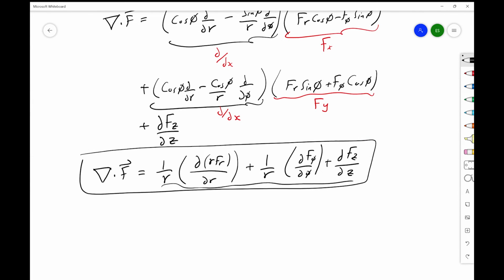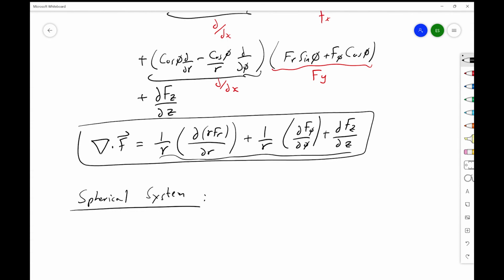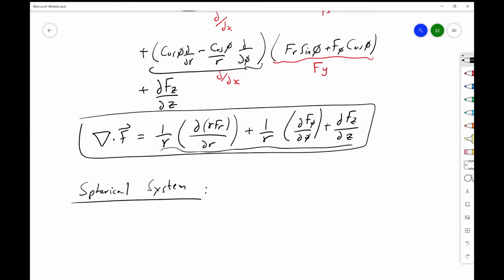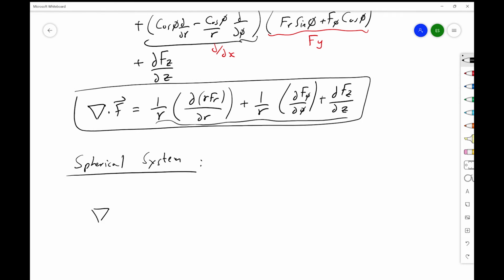We can do something similar for the spherical system, and I leave going through this calculation as an exercise. Again, everyone needs to do this once in their lives and then forget about it and just look up tables or appendixes in the back of textbooks.